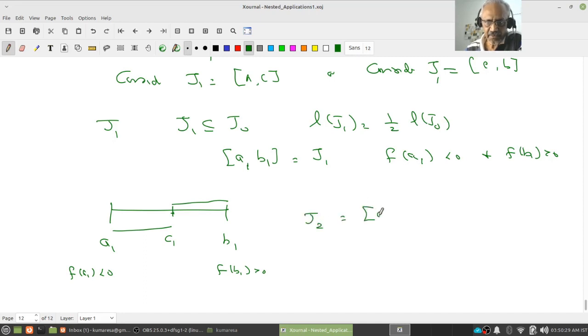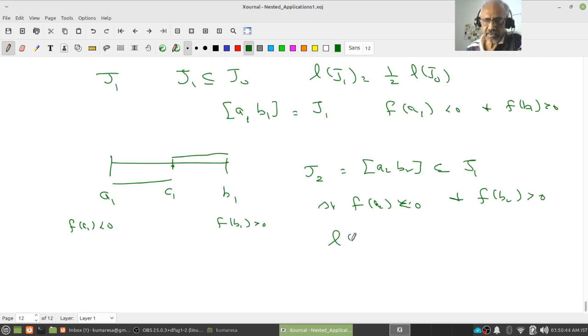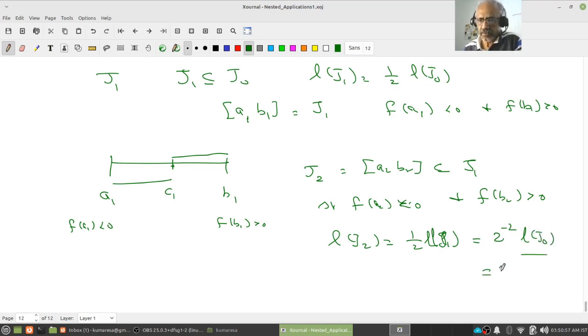J2 is [a2, b2], which is a subset of J1, so that f(a2) is negative and f(b2) is positive. And what is the length of J2? It is half the length of J1, therefore it is 2 to the power minus 2 times (b minus a).